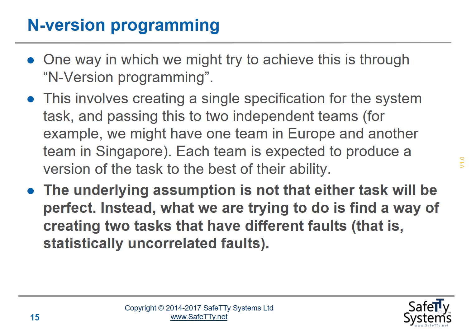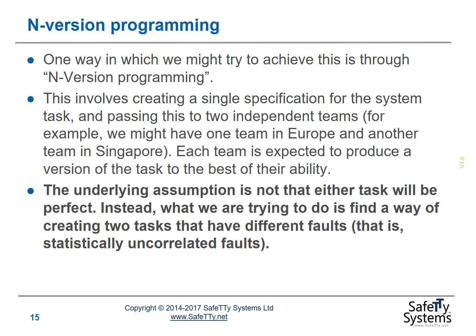One way in which people have tried to achieve this is through what's called n-version programming. This involves creating a single specification for the system task and passing this to two independent teams. For example, we might have one team in Europe and another team in Singapore. Each team is expected to produce a version of the task to the best of their ability.